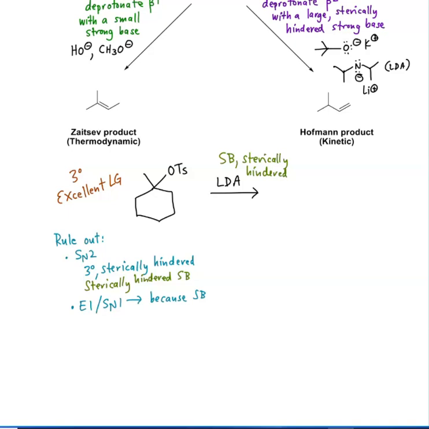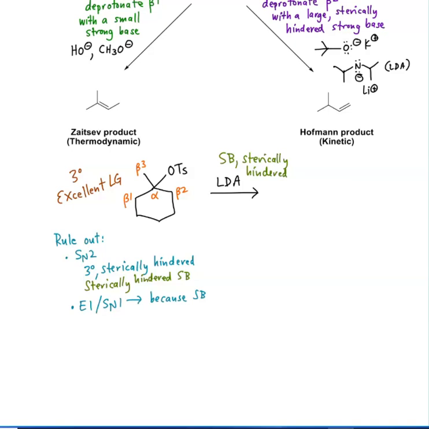Now, if we think about the structure of this compound, OTs is connected to the alpha carbon, and one bond away from an alpha carbon are beta carbons. So we have beta 1, beta 2, and beta 3. Deprotonating beta 1 or beta 2 would give you the more substituted alkene isomer.